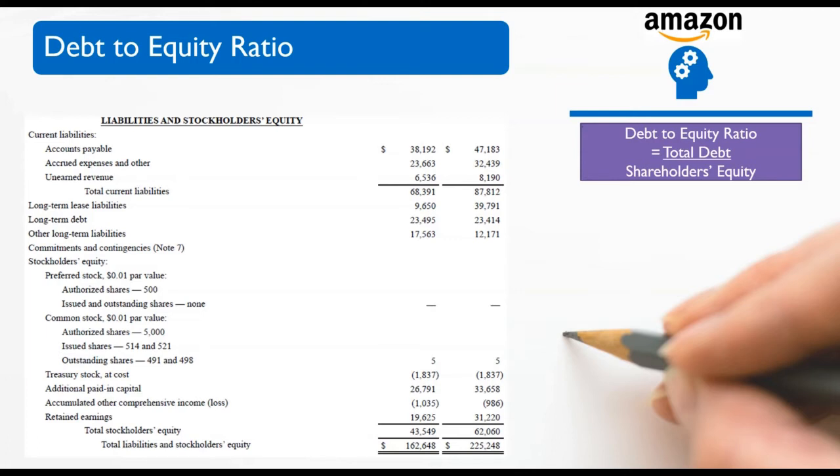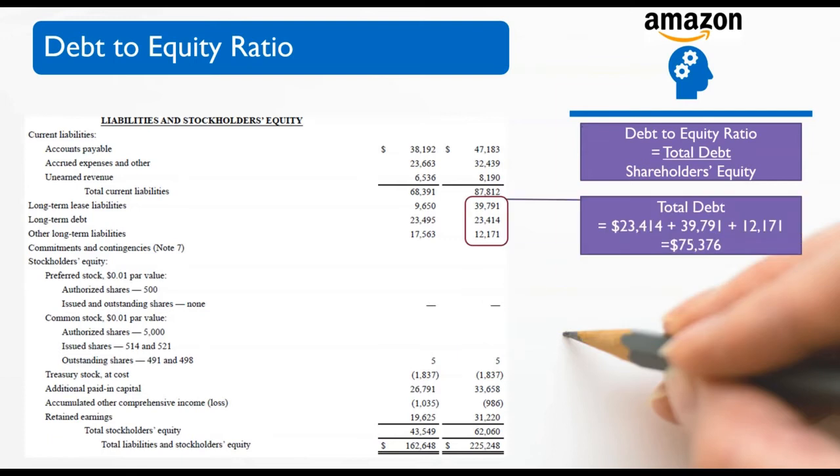So how is this calculated? Well, the total debt to equity ratio is calculated as the company's total debt divided by its shareholders' equity. For Amazon, we can see that it has total debt of around $75.4 billion.